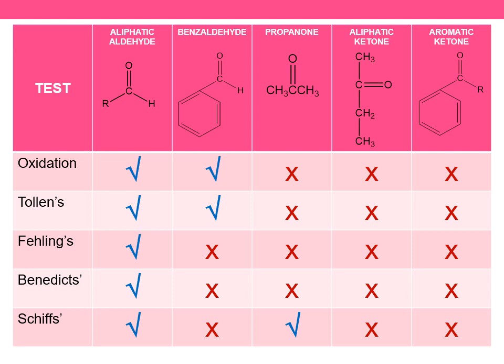But if it's a benzaldehyde, an aromatic aldehyde, it's going to be positive only for oxidation and Tollens. For propanone, it's going to be positive only for Schiff's. And for aliphatic ketone, together with aromatic ketone, it's going to be negative for all the oxidation reactions.